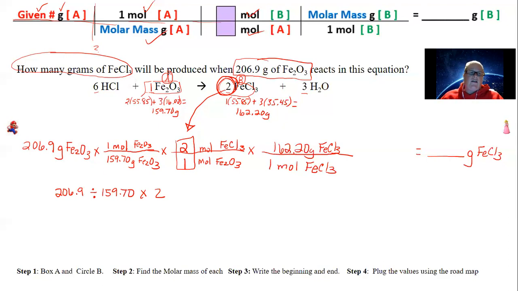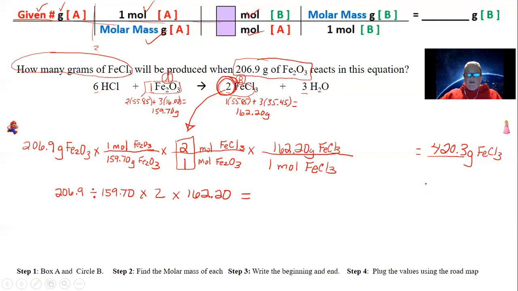So I skipped the divided by 1 because we don't include it. So I'll start fresh. 206.9 times 1 divided by 159.7 times 2 divided by 1 times 162.20 equals, and that value is going to be 420.3 grams of FeCl3.